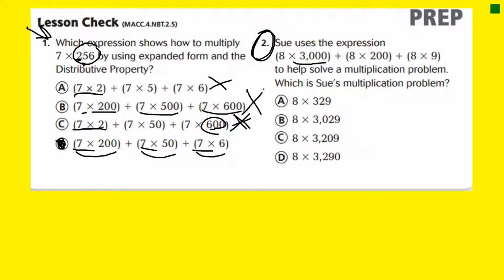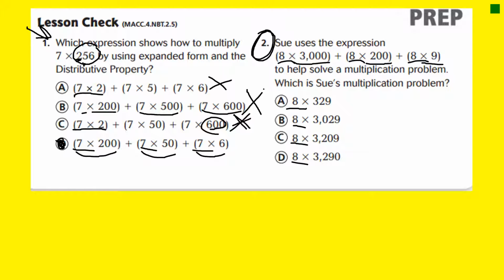They're giving us the number already broken into expanded form, right? So we kind of have to just put that number back together. Okay, because look, in every choice, the 8 times is correct. So we really have to look at the number that they broke apart.